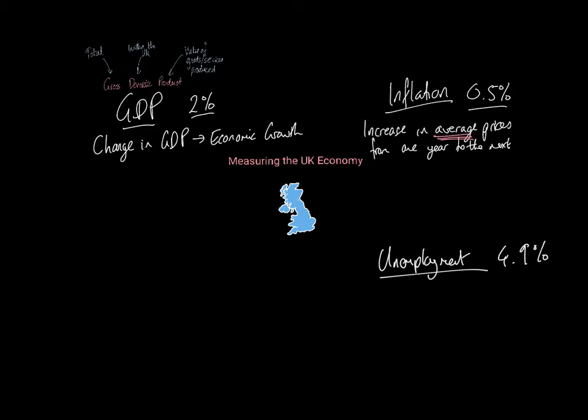Well, unemployment of 4.9% means the percentage of those willing and able to work without a job. Now, it's important that we include this willing and able bit in the definition there.